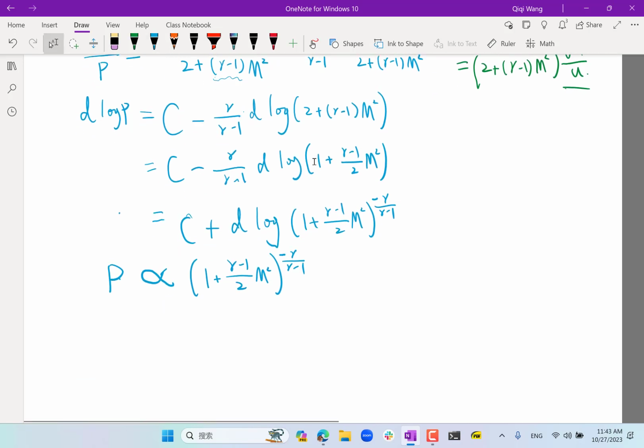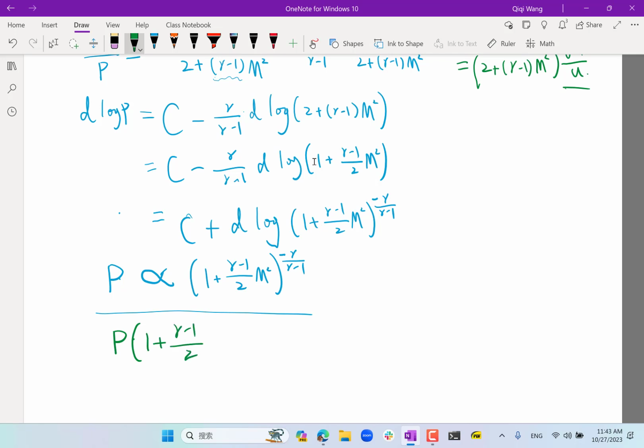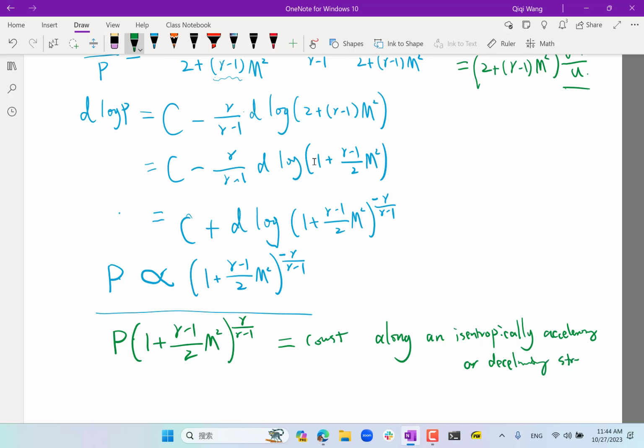So that is why we define, because of this proportionality constant, what is going to be a constant is P times the stuff without this minus sign in the exponent, equal to a constant along an isentropically accelerating or decelerating streamline.